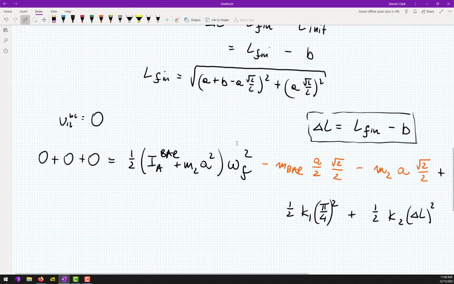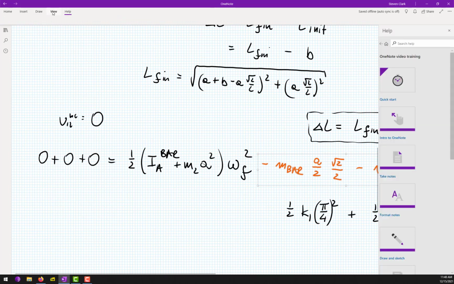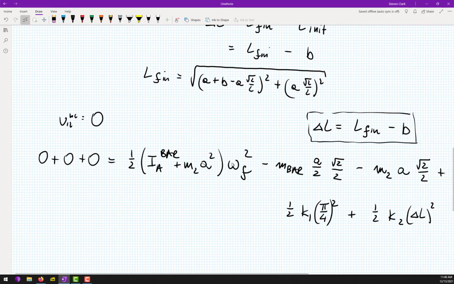Okay, so how many unknowns do we have? Only one, I think. This is our only unknown, omega F. So we ended up, as usual, with one long equation with one unknown. And everything else is known.